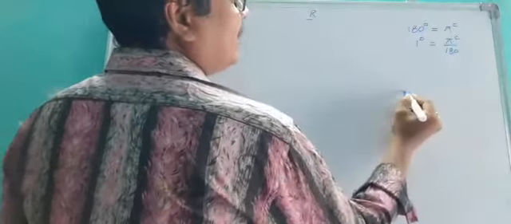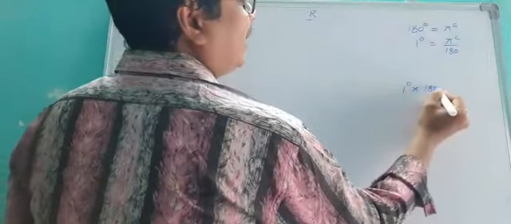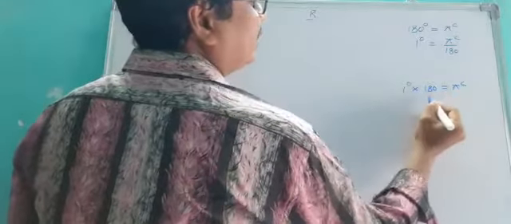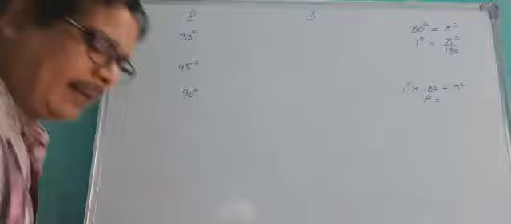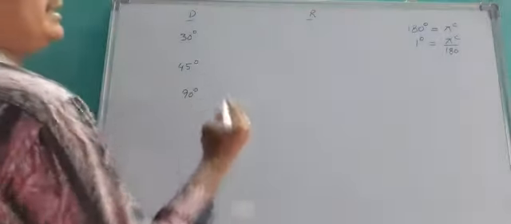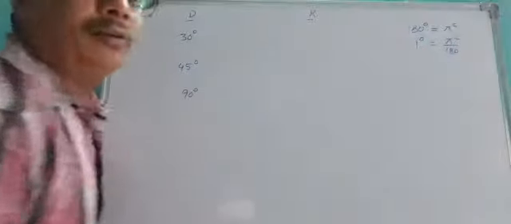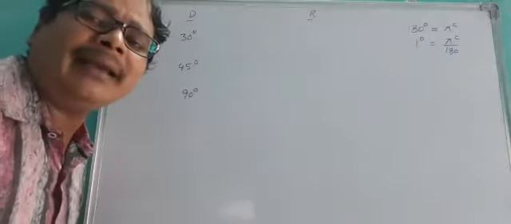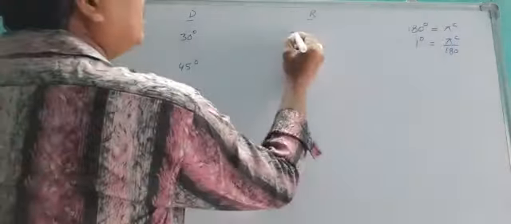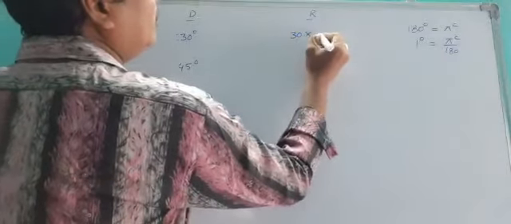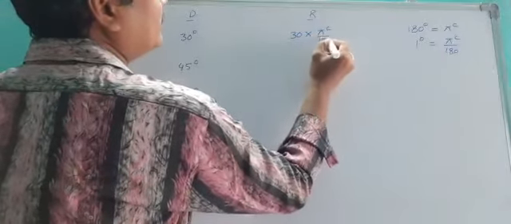That means 180 can be expressed as 1 degree into 180 equal to pi radians. So now 30 degrees. 1 degree equals pi radians by 180. 30 degrees equal 30 into pi radians by 180.